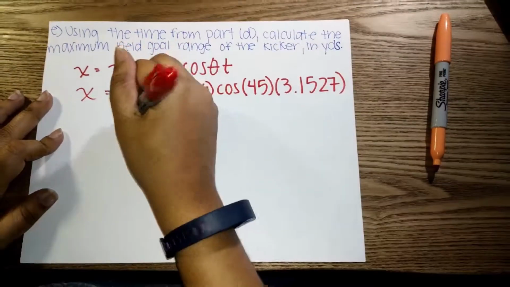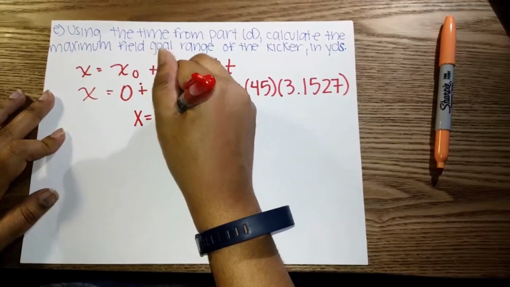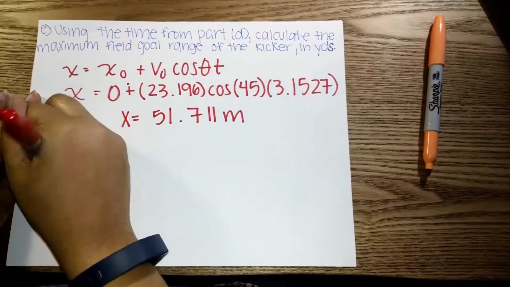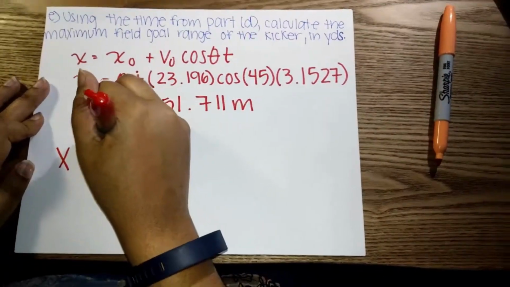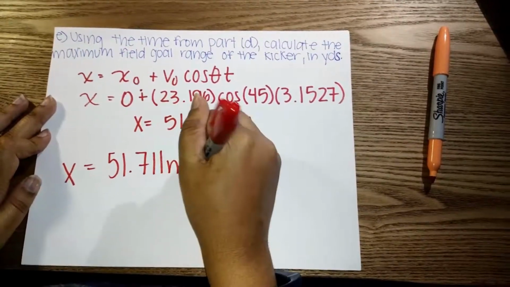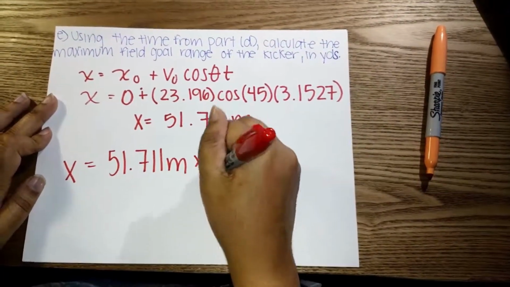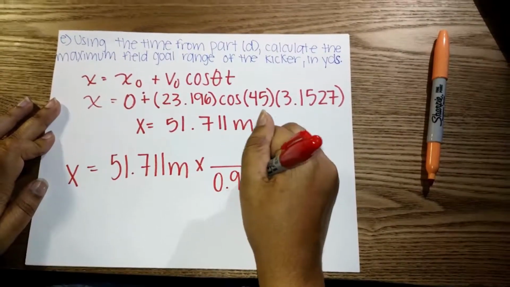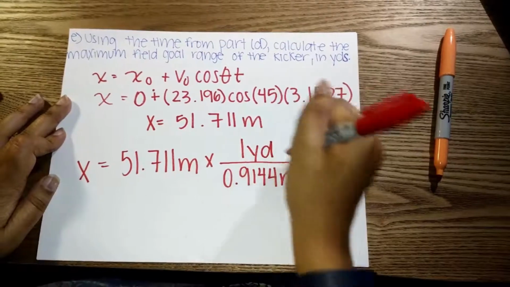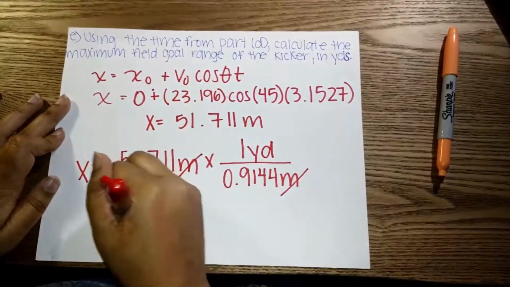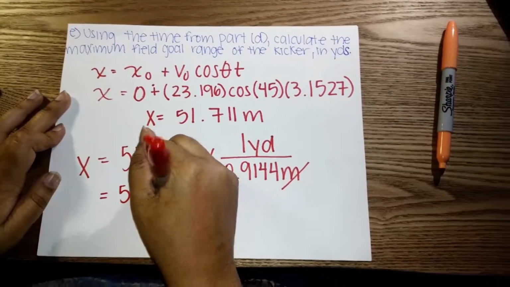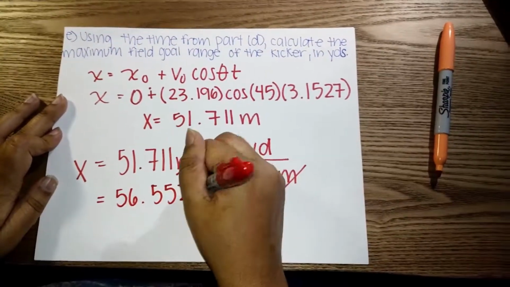Plugging in numbers, we get x equals 51.711 meters, but we have to convert this number to yards to get the proper answer. To do this, we'll multiply 51.711 meters times 1 yard over 0.9144 meters, and the meters will cancel out, and we'll be left with x equals 56.6 yards.